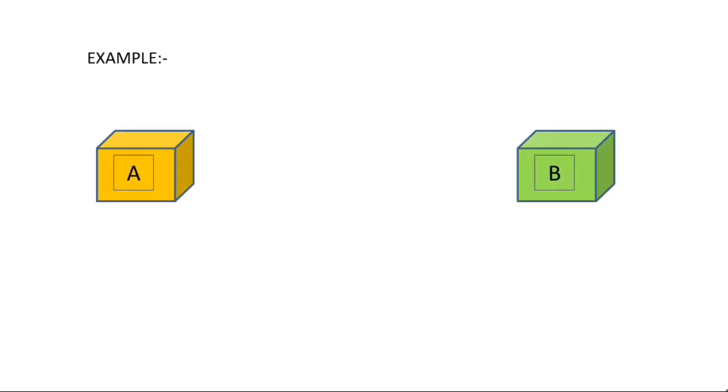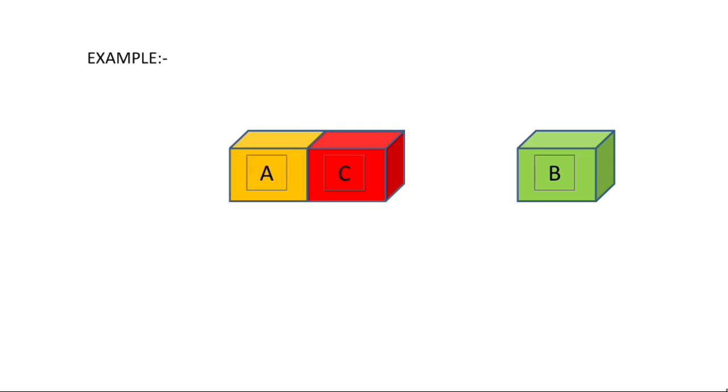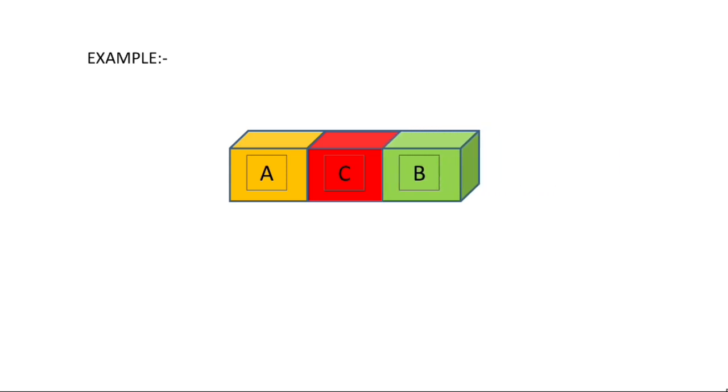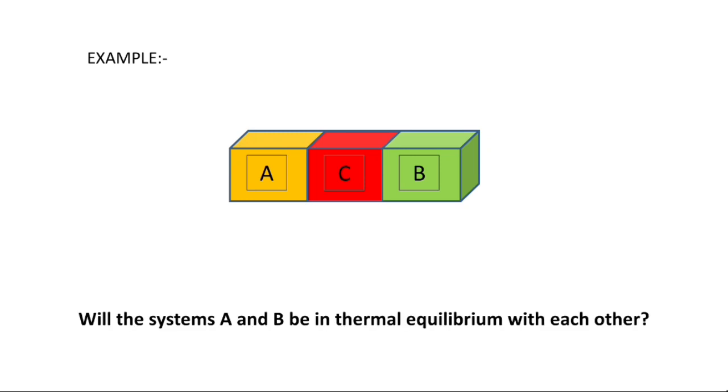Let us take an example. Let us consider three different systems: System A, System B and System C. Two different systems A and B are in thermal contact individually with another system C. Here the question is, will systems A and B be in thermal equilibrium with each other?